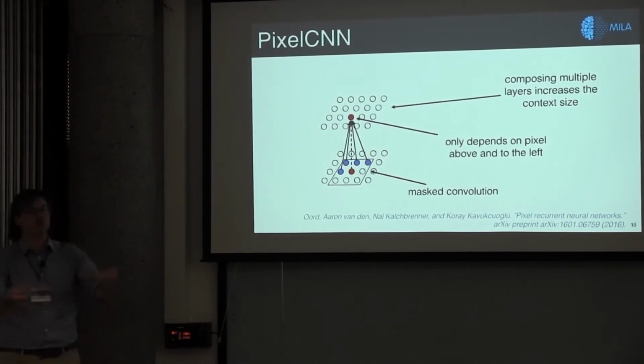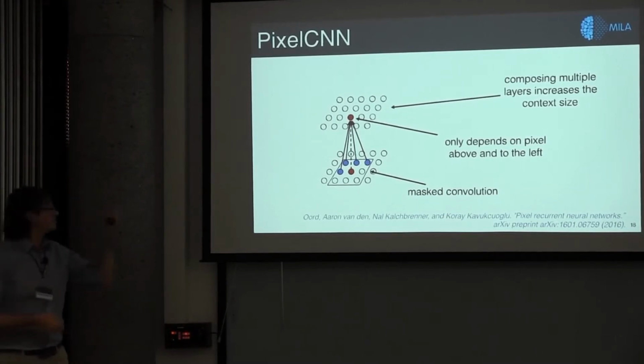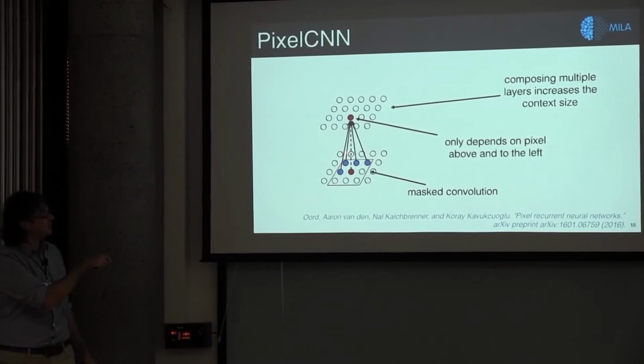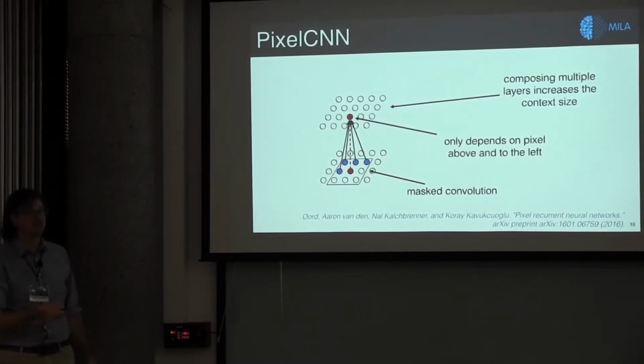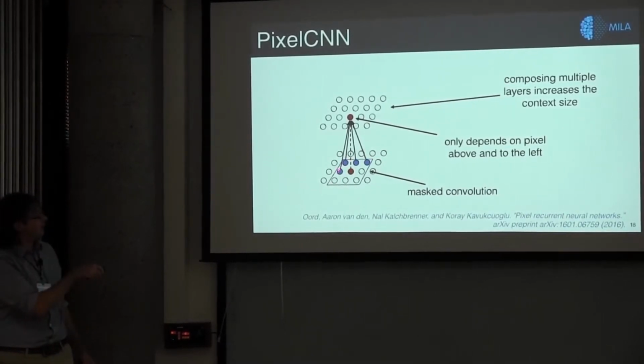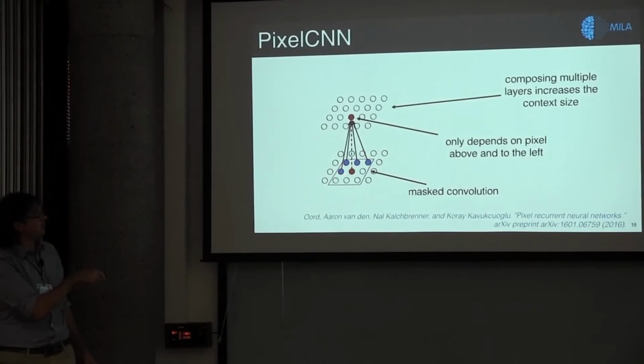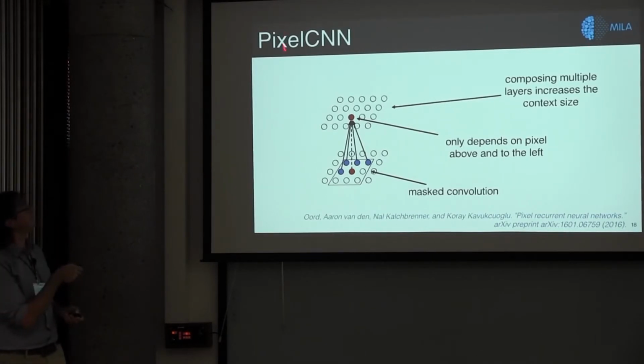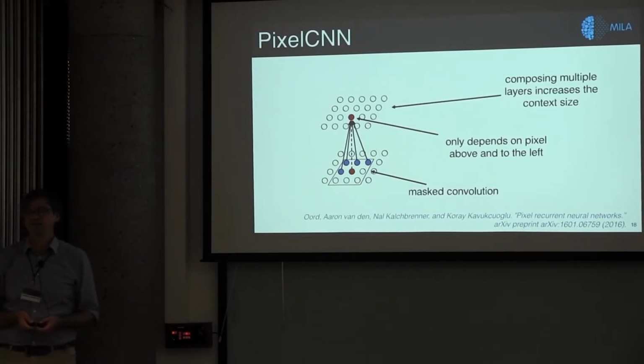So we still need to impose an ordering, but we can structure the model to respect it. We can include some of the insights from convolutional neural nets and also respect the ordering by imposing this masked convolution, zeroing out this value because it can't depend on itself and the other values around it. That's the basic essentials of what's called the PixelCNN model.